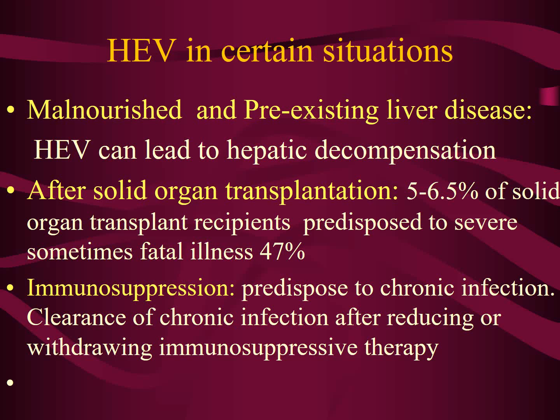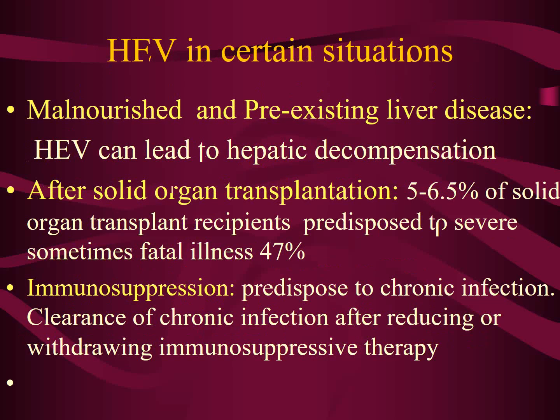As we said before, after solid organ transplantation, liver transplantation, kidney transplantation, in cases of immunosuppression, they are predisposed to chronic infection, and clearance of chronic infection occurs after reducing or withdrawing immunosuppressive therapy.